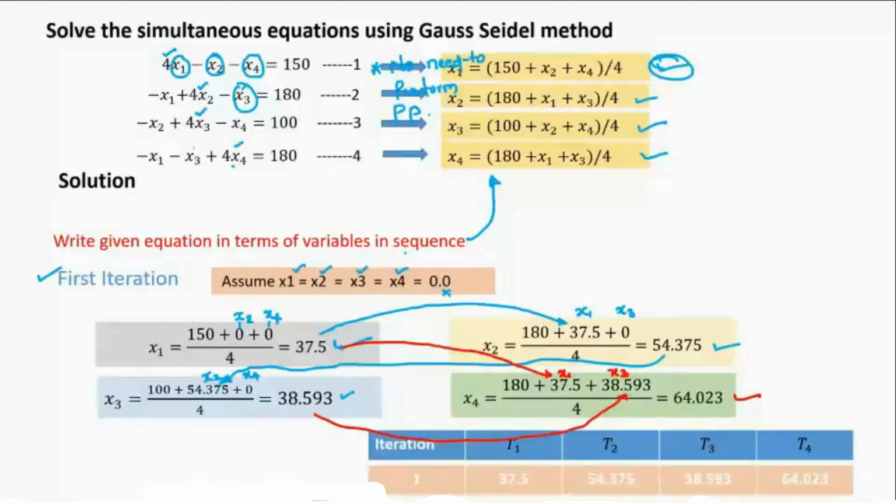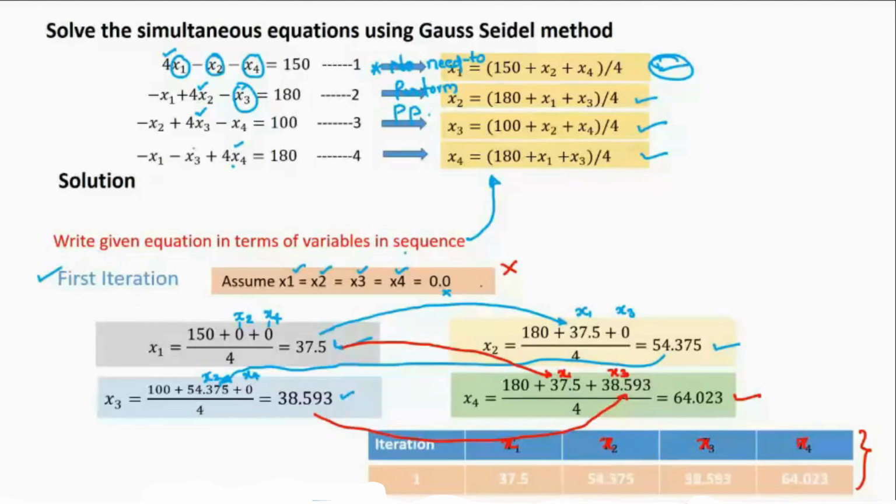Now in the first iteration, we got the values x1, x2, x3, and x4. These are the new values. Now if you want to perform iteration 2, you should not use the old values.